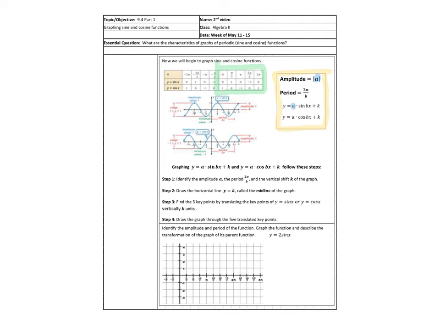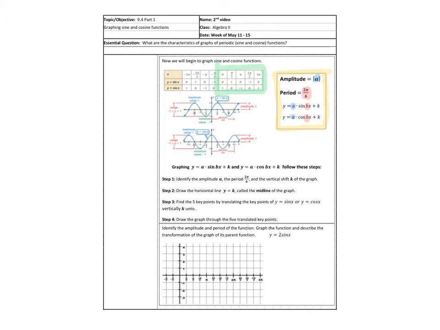That's our vertical stretch or shrink, which shows how high it goes up and how high it goes down. The other important thing is the period, the horizontal length of one cycle. We use whatever number is multiplied by the x, because that's our horizontal stretch or shrink. That changes our period length.